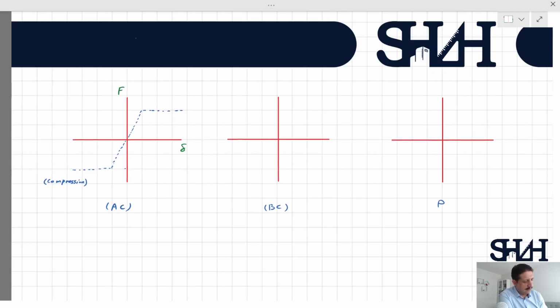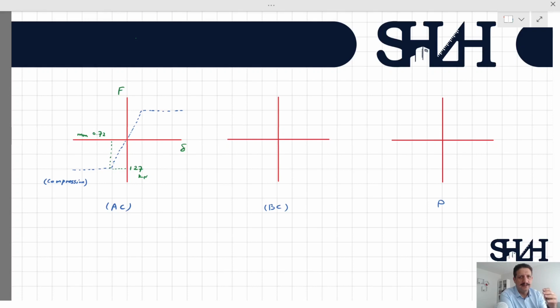So when the load is going to be 127 kilonewton, the yielding deformation for element AC will be 0.72 millimeter. So from now, if we increase the load, it is completely free to deform.